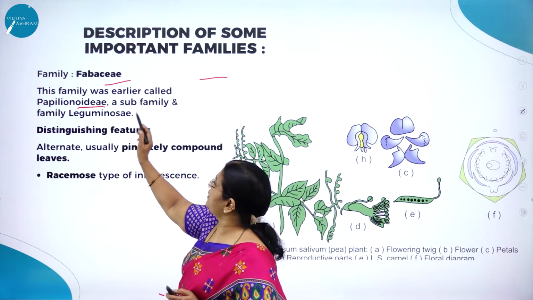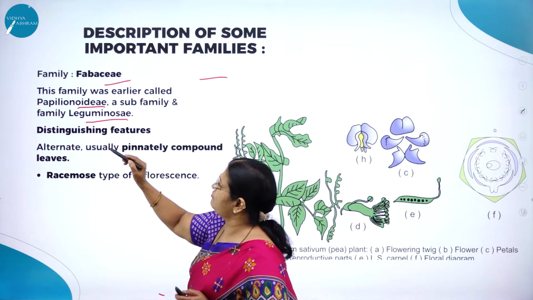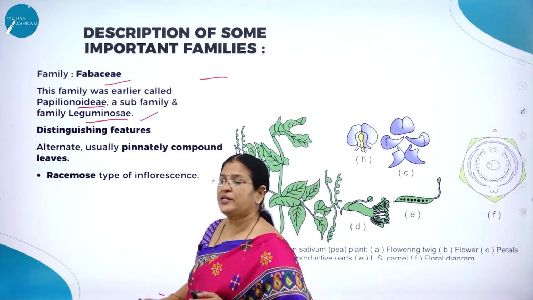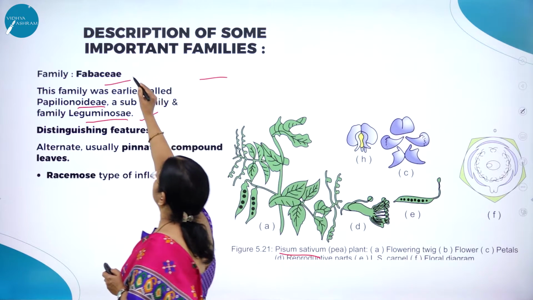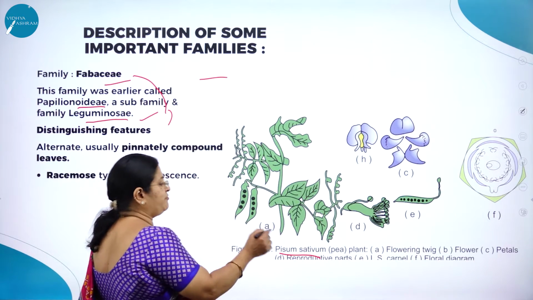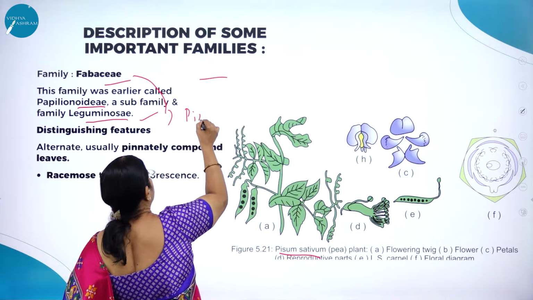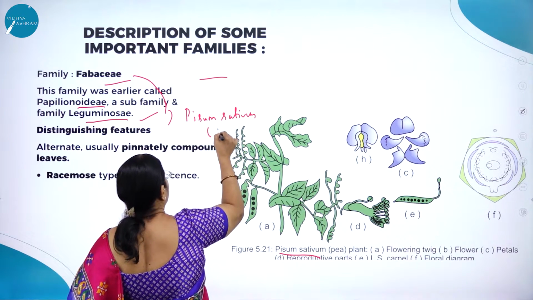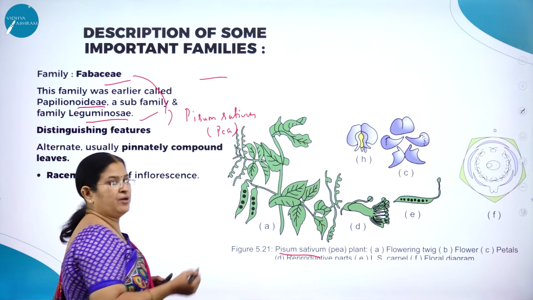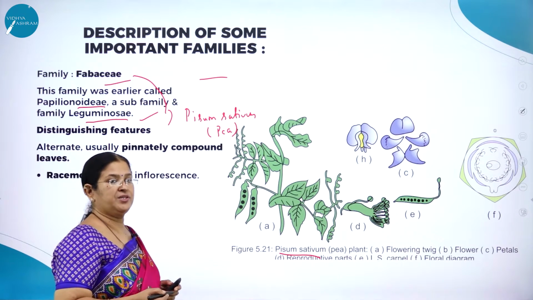As I said, it is a subfamily and a family called Leguminosae. Now, what example is given for family Fabaceae? Pisum sativum. Common name is pea, garden pea, right?